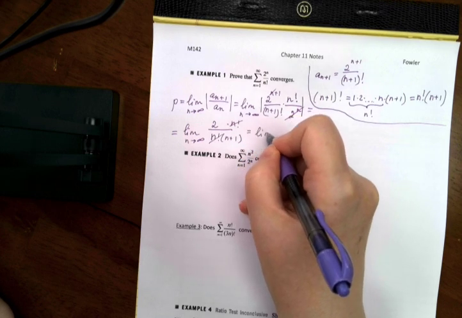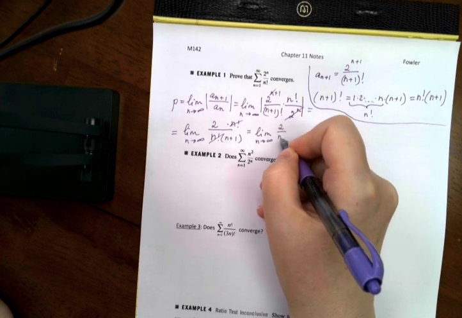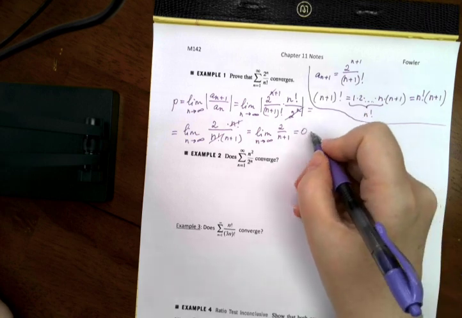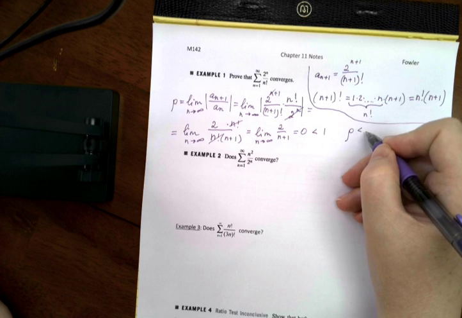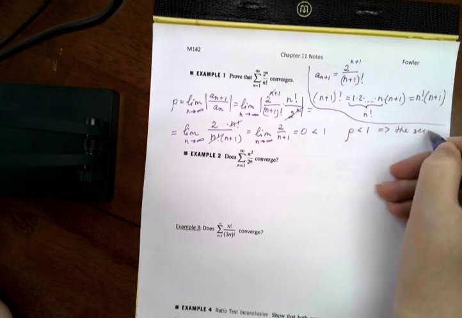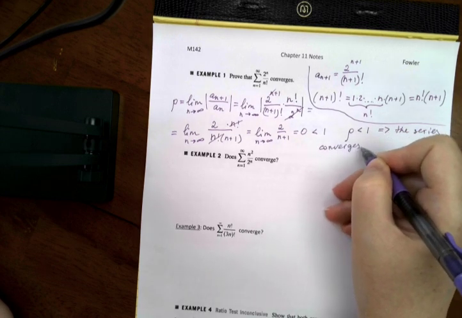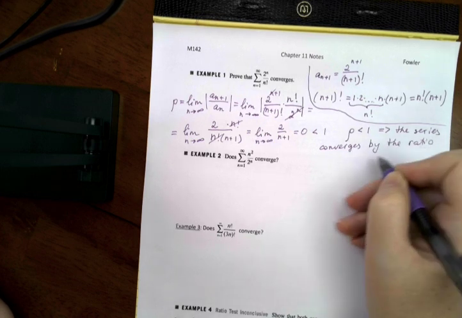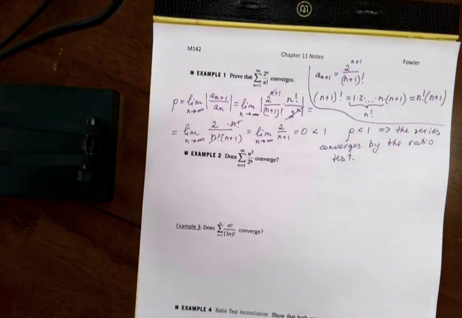And so I end up with a very lovely expression. 2 divided by n plus 1 definitely goes to 0. 0 is less than 1, so what we got is rho is less than 1, therefore the series converges by the ratio test. Okay, so that was relatively painless.